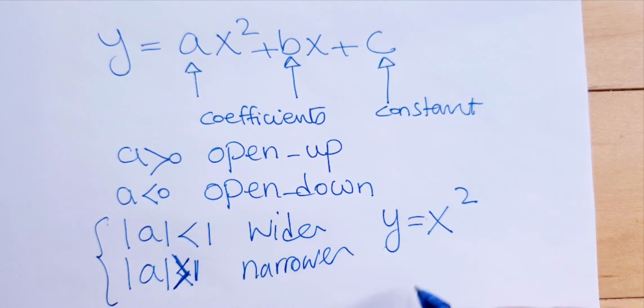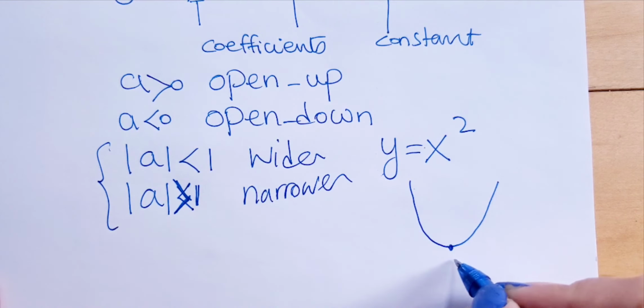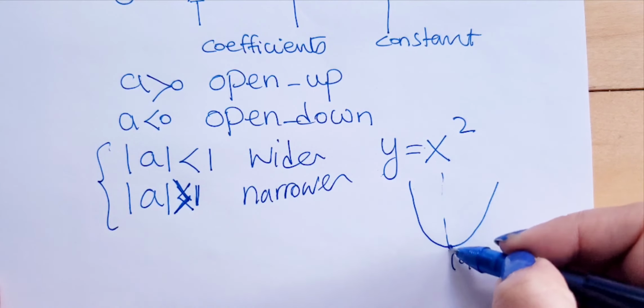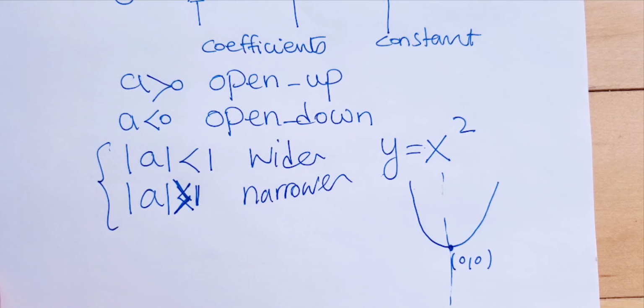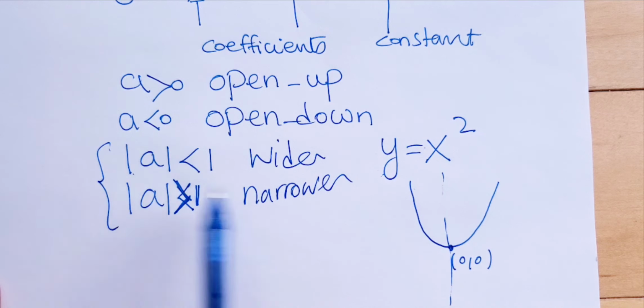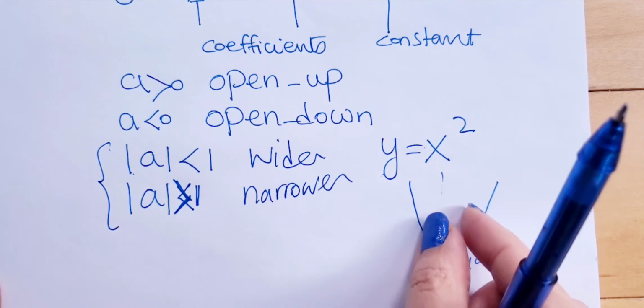If I graph it roughly, it would be an upward U, with the vertex exactly located at 0 and 0, and there is still a line of symmetry. If the absolute value of a is less than 1, your graph would be wider than this, and if it is greater than 1, your graph would be narrower than this.